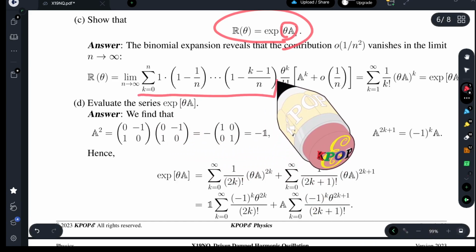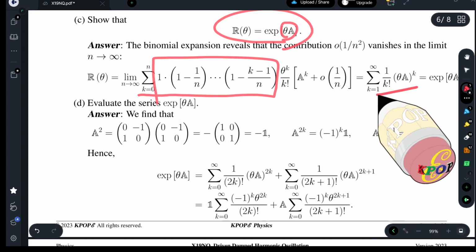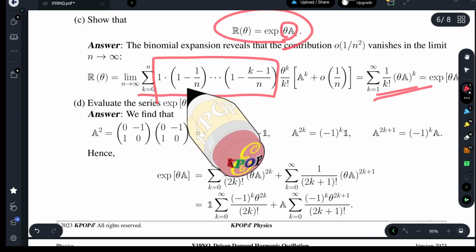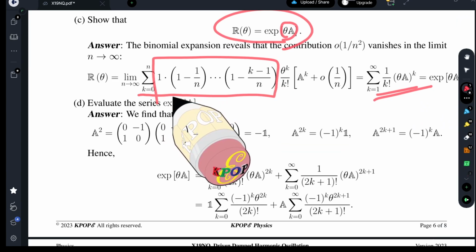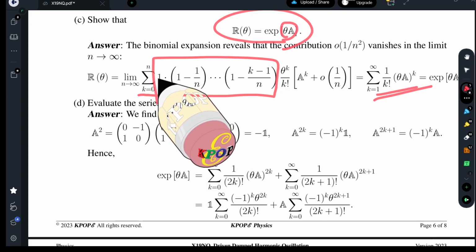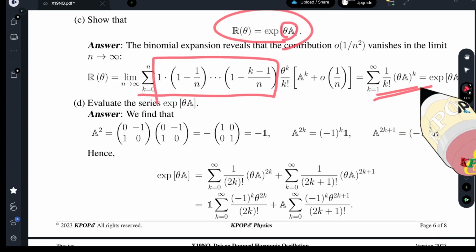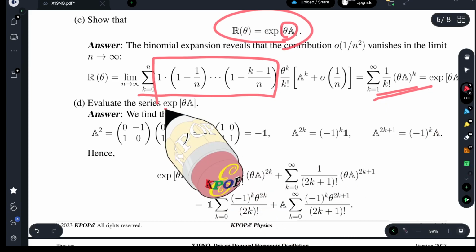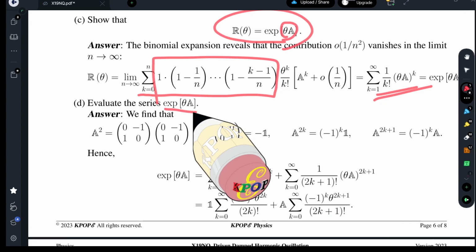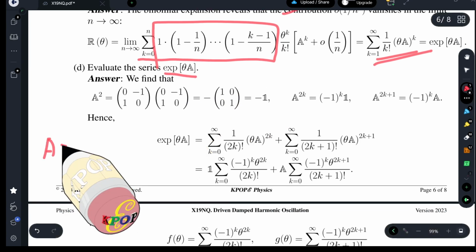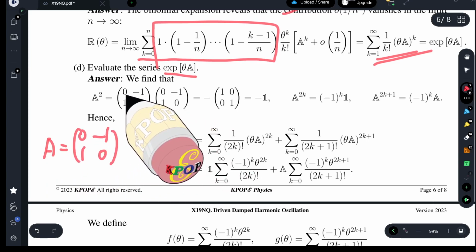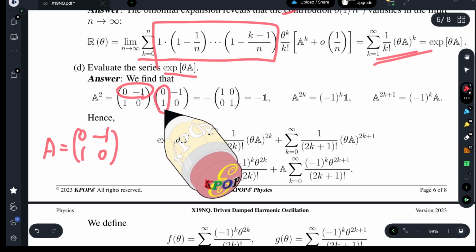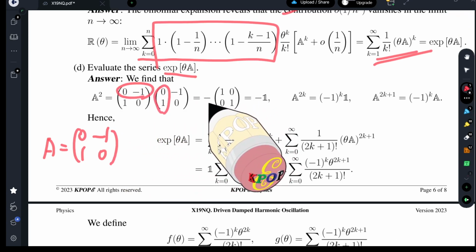We remember this expansion is possible because of this relation. Don't forget to reproduce the exponential function as a power series. Next, we evaluate the series of this exponential of theta A. We remember theta A is this matrix. We square this, multiply this, and we have minus 1.